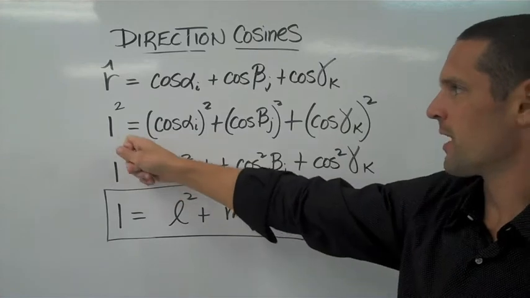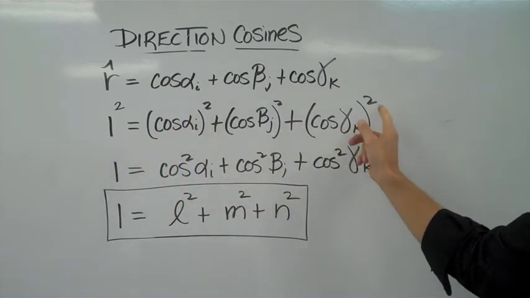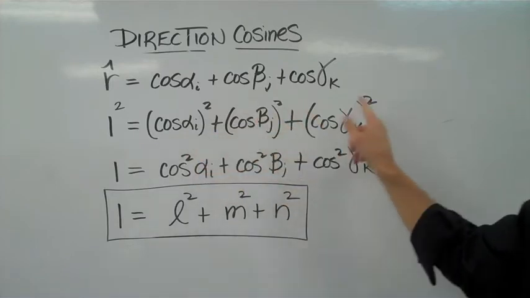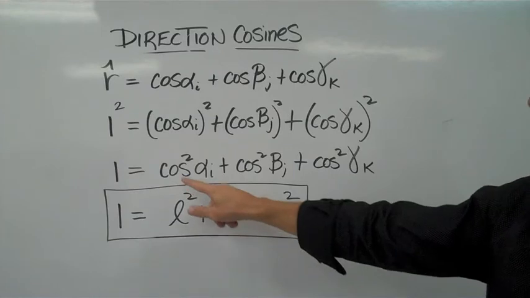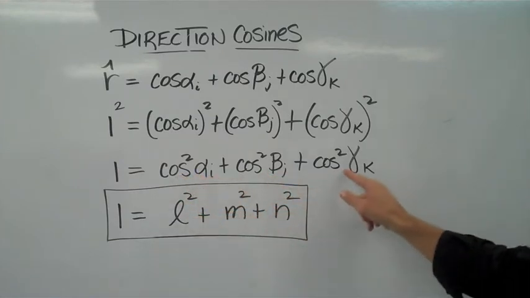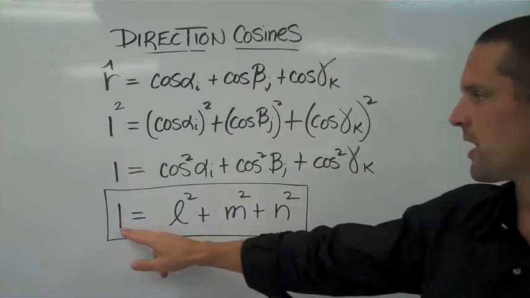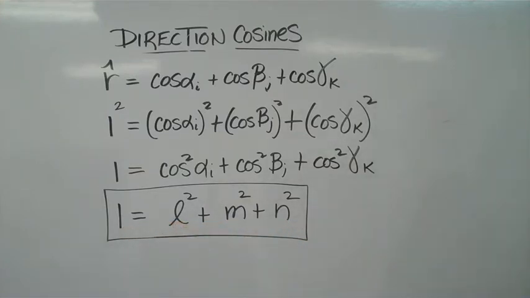And then I can use the Pythagorean Theorem. This squared equals this squared plus this squared plus this squared. We can write these squareds in between the cosine and the actual angle, and 1 squared is just 1. Well, we call cosine alpha L, cosine beta M, and cosine gamma N. So we wind up with this statement: 1 is equal to L squared plus M squared plus N squared.